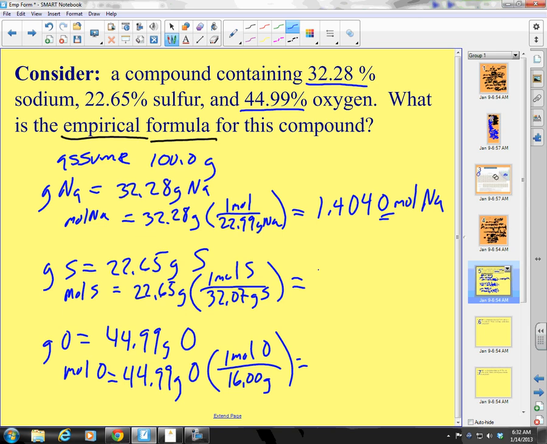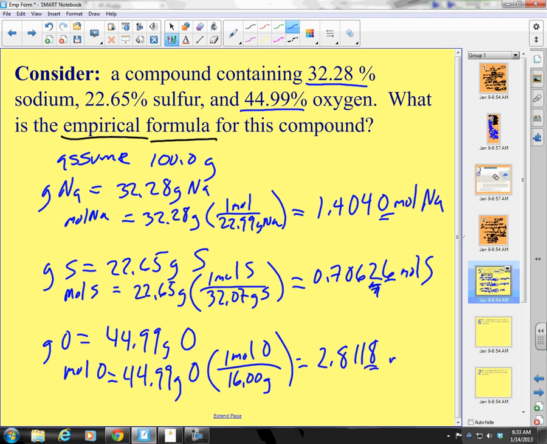And what do I get? 0.7062, 626, sorry about that, 0.7062 moles of sulfur, and 44.99 divided by 16, and what do I get?